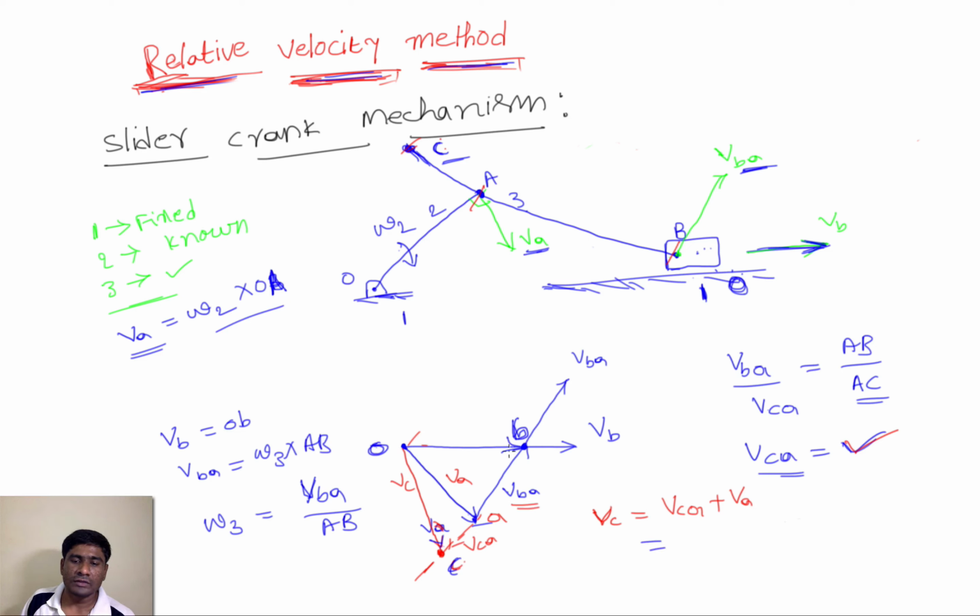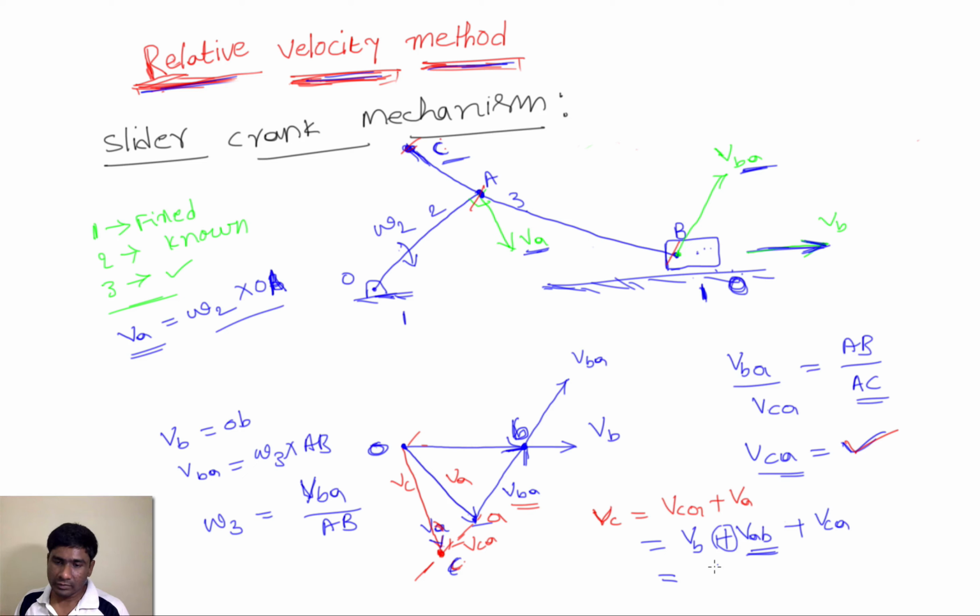If I travel from O to B, that is the velocity of B, plus from B to A, in the negative direction, we are going in the opposite direction, so that is the velocity of A with respect to B, plus the velocity of C with respect to A. But here we have written the velocity of A with respect to B, but we know the velocity of B with respect to A. So if you want to write the velocity of B with respect to A, then again it changes sign, which we already know.